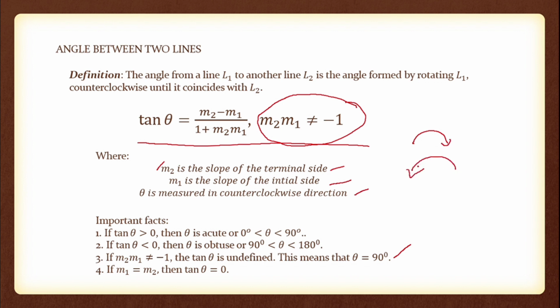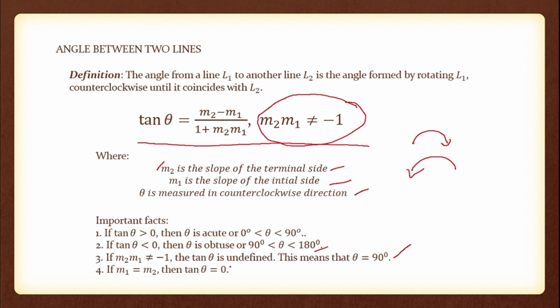Important facts: if tangent theta is greater than 0, then theta is acute, so theta is greater than 0 degrees and lesser than 90 degrees. If tangent theta is lesser than 0, then it is an obtuse angle, wherein theta is greater than 90 degrees but lesser than 180 degrees.